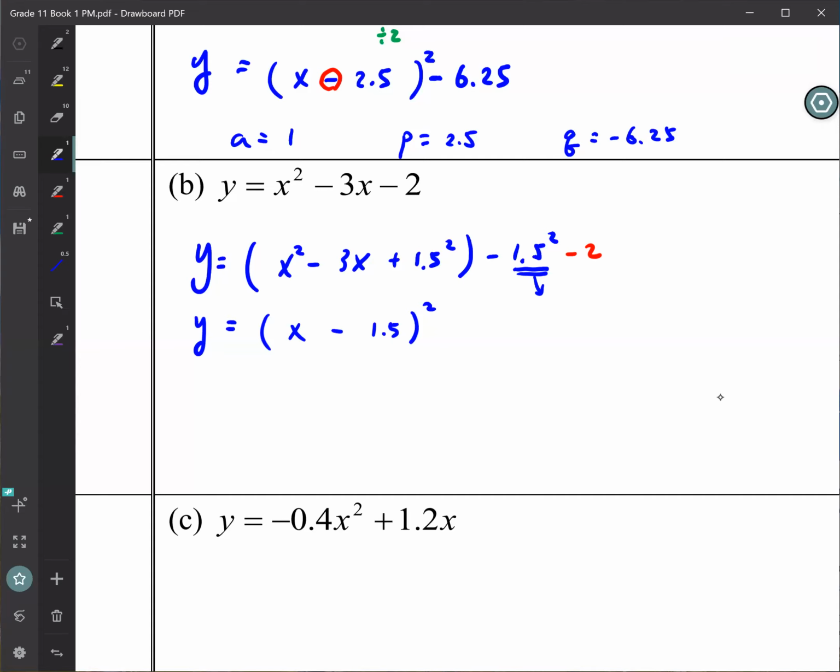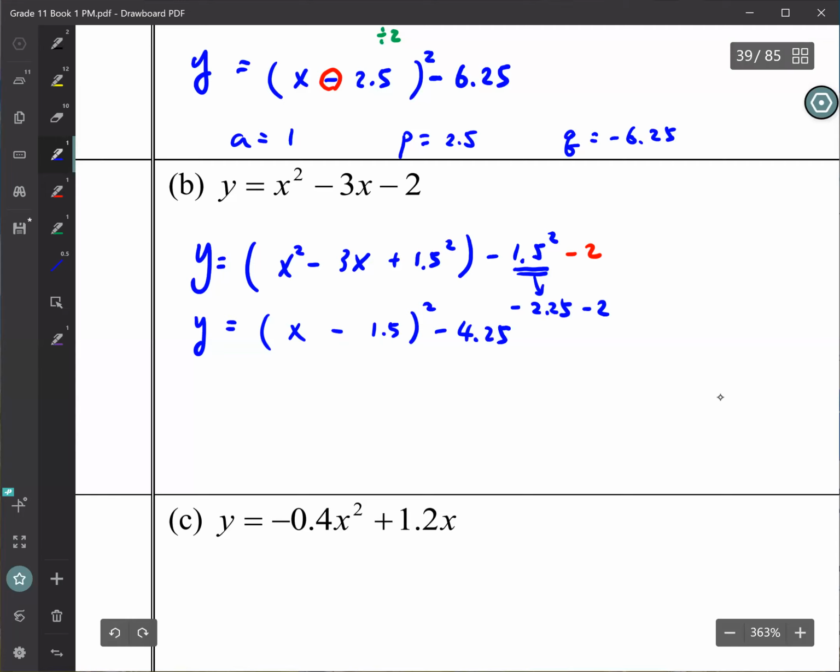Or 2.25. Okay, remember the square doesn't make the negative go away, so it's still negative 2.25. Okay, and then minus 2. So what would that be? Negative 4.25. Yeah. Okay, so be careful on the sign.